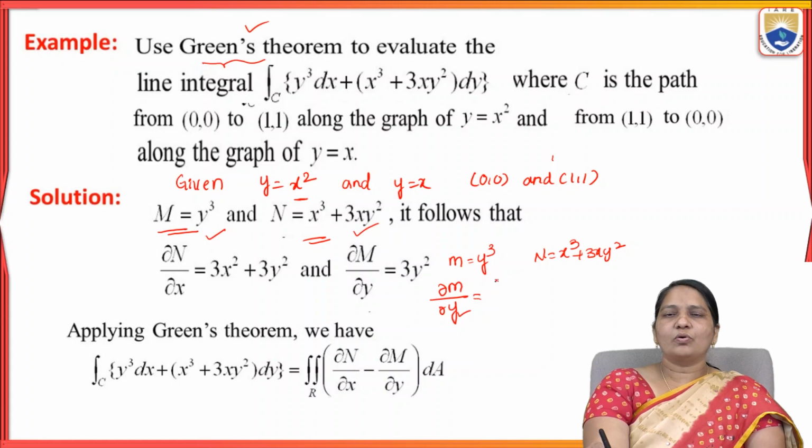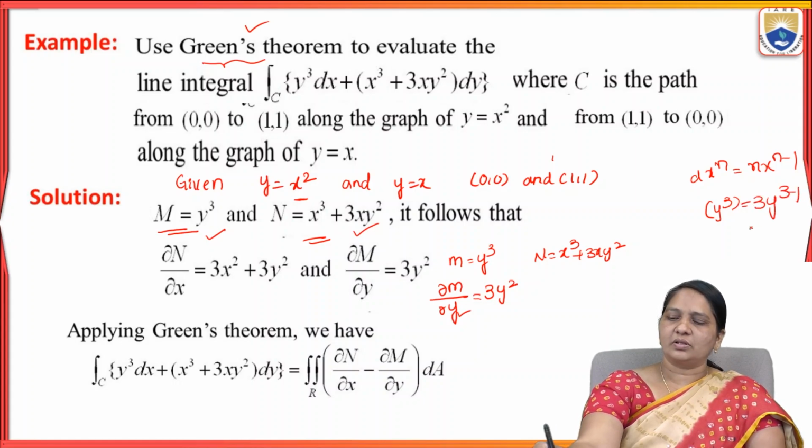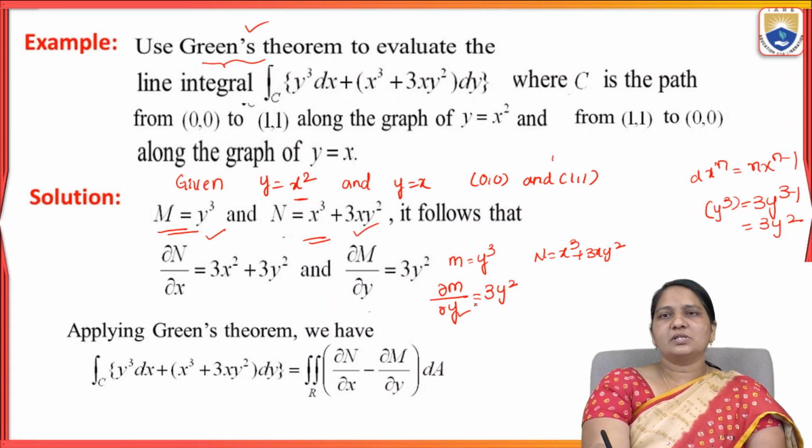Differentiation of y cubed is 3y squared. The formula is that the derivative of x power n is n times x power n minus 1. So this is 3 into y power 3 minus 1, which equals 3y squared. So dou M by dou y is 3y squared.